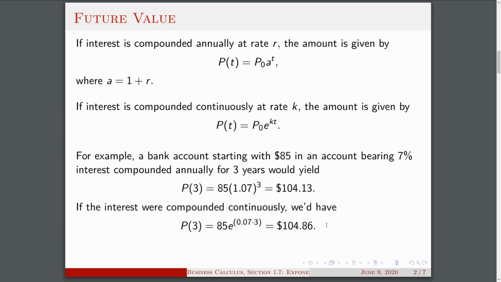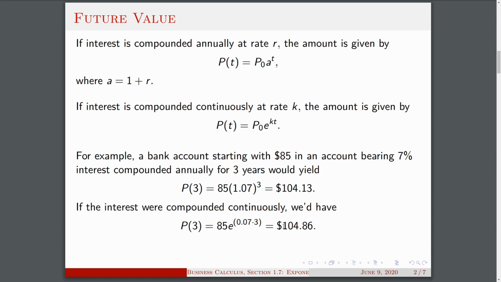All right, and the other thing to notice is, what's the difference between our answers here? It looks like we got a little bit more in this case, even though the rate was the same, right? But this was a continuous rate, meaning that a portion of the interest was added on each moment, right?